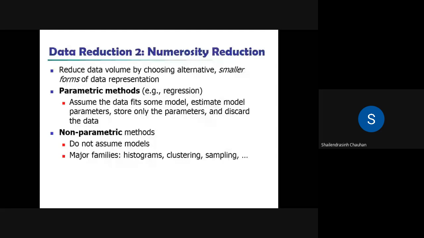We are estimating the data model parameters and then storing only the parameters, not the entire data. So whichever parameters are there, we are only going to store those. We are not going to consider the entire data, and so the size required is based on parameters, not the entire data.